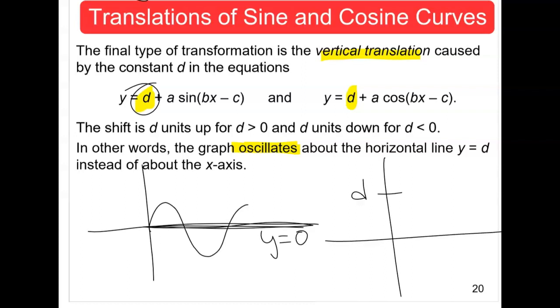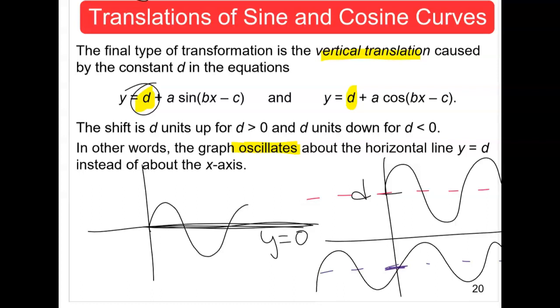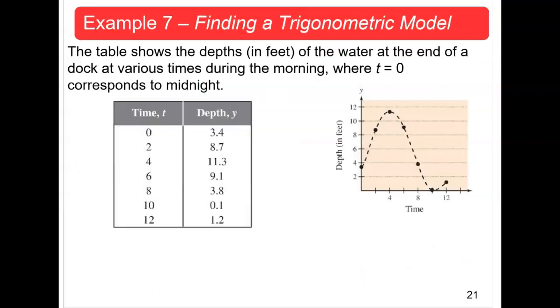Let's pretend this is D, just to stand for a number, and so the graph will oscillate with respect to that line. So it will go like that. Or if the D value was down here, then our graph will oscillate with respect to that line that we see there. So the x-intercepts will of course change.